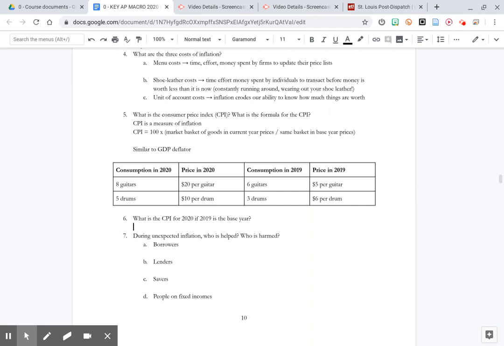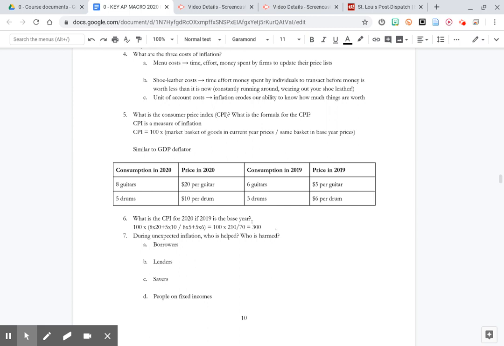So it's 100 times the basket in current year prices, 8 times 20 plus 5 times 10, divided by 8 guitars times 5 plus 5 drums times 6. That gives us 100 times 210 divided by, I think that's 30, and 40 is 70, so 300.